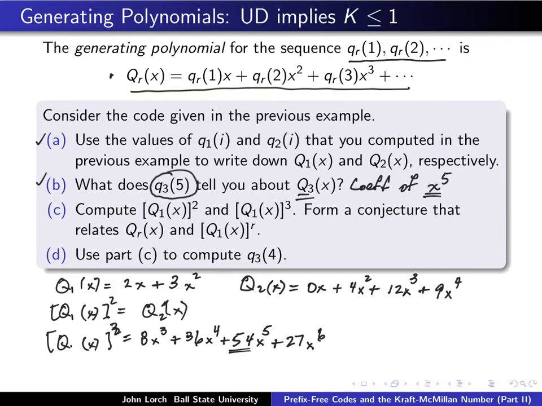Well, you might remember that 54 was the value of little q sub 3 of 5. So this suggests that this might just be q sub 3 of x. So the conjecture that we might form from all of this is that if we want capital Q sub r of x and all of the coefficients that go along with it, then maybe all we have to do is take Q sub 1 of x and raise that polynomial to the rth power.